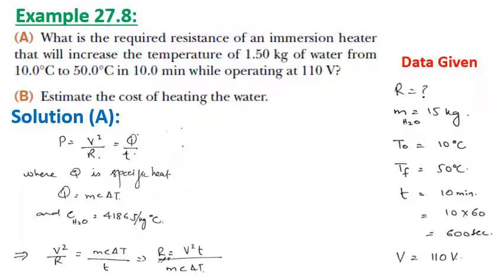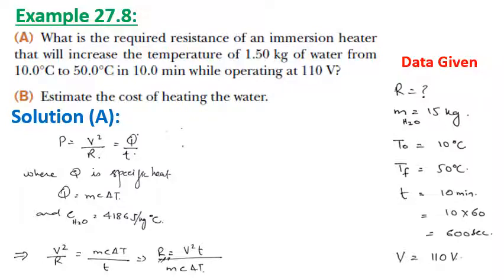We have V squared over R also equal to Q over T. In thermodynamics, the rate of doing work, that is joules per second, is given as Q over T.